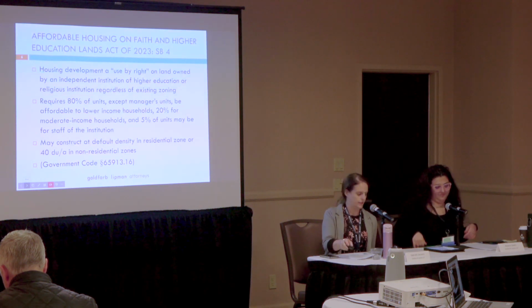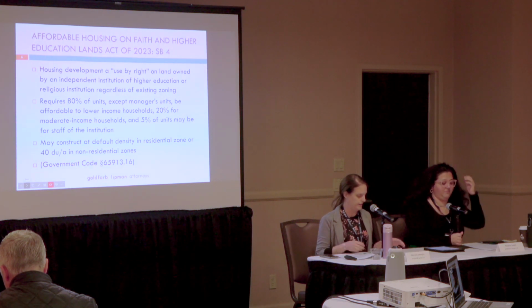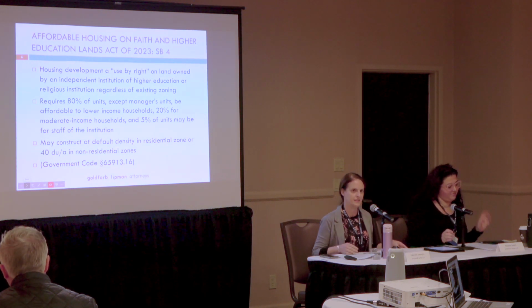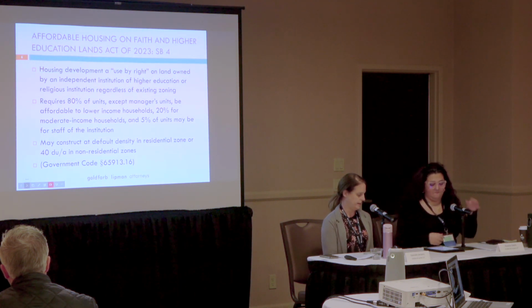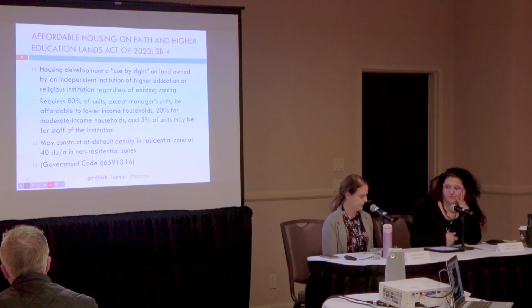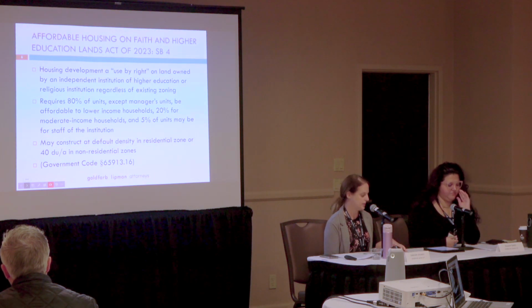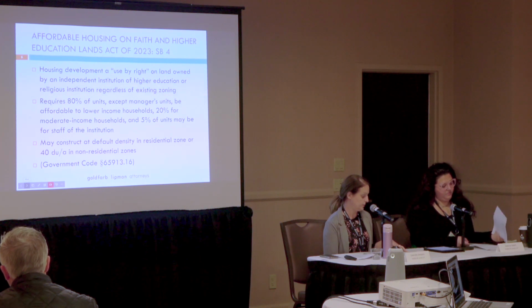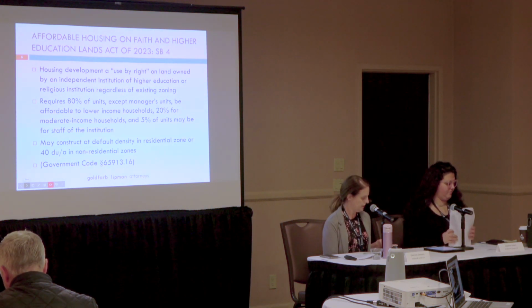All right, so next is the Affordable Housing on Faith and Higher Education Lands Act. This similarly provides a ministerial process, a use by right is what they call it here. And it needs to be requested by the project applicant, and it applies to properties that are owned by independent institutions of higher education and religious institutions.